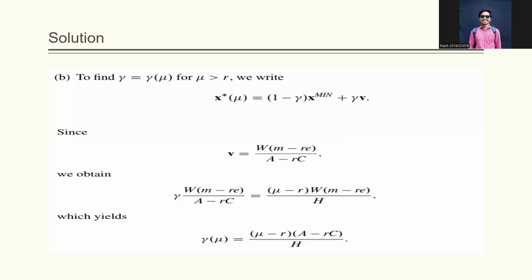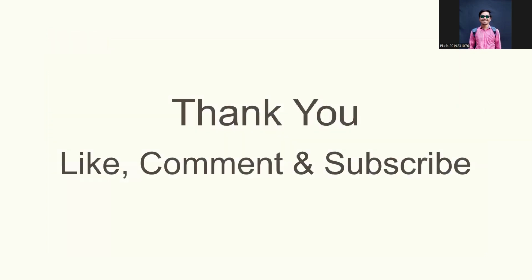Since v equals w into m minus re divided by a minus rc, we obtain gamma into w into m minus re divided by a minus rc, which equals mu minus r into w into m minus re divided by h, which yields gamma mu equals mu minus r into a minus rc divided by h. So here is the solution to number 2, or our question B.